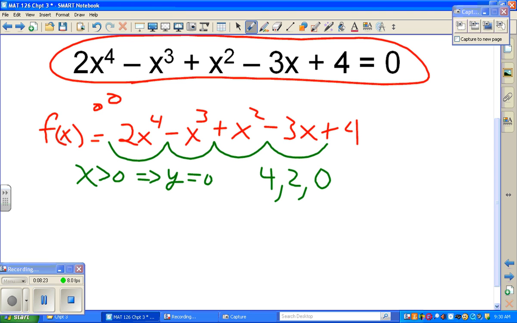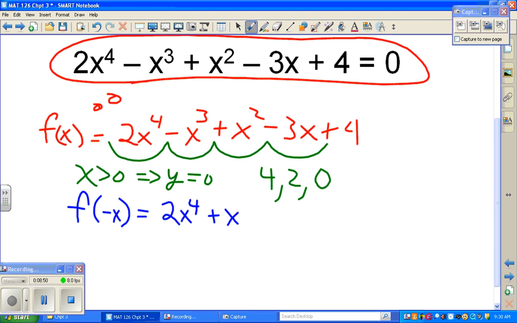You always start and work your way down from the highest one. There could be 4, there could be 2, or there could be none. For the negative x's, again, most people just think this, but we're just starting out. If I put negative into the 4th power, it'll come out positive, won't it? 2x to the 4th. If I put negative in here and cube it, it'll come out negative x cubed. I'm subtracting it.